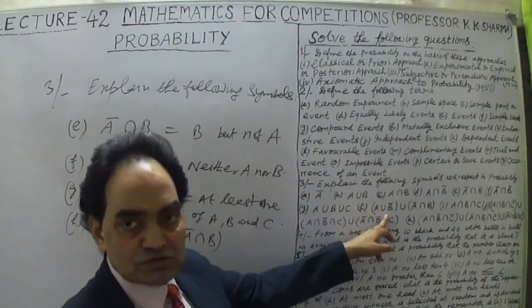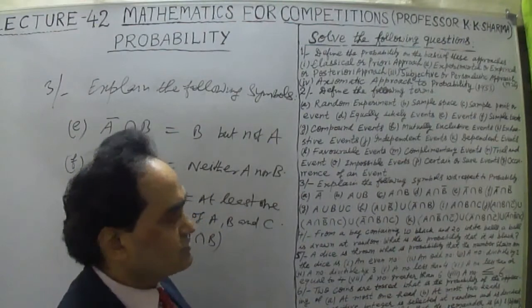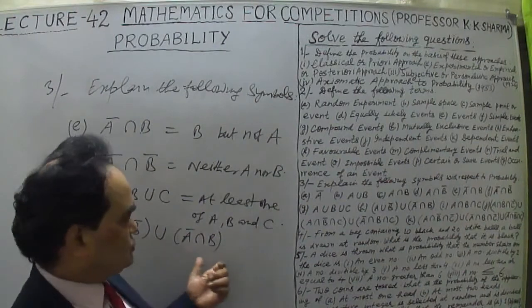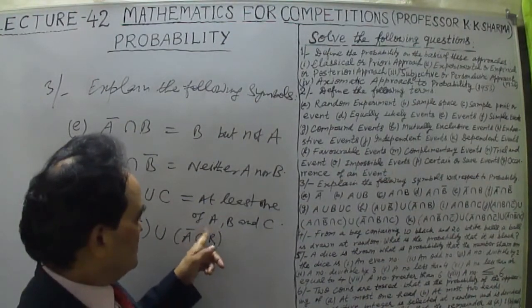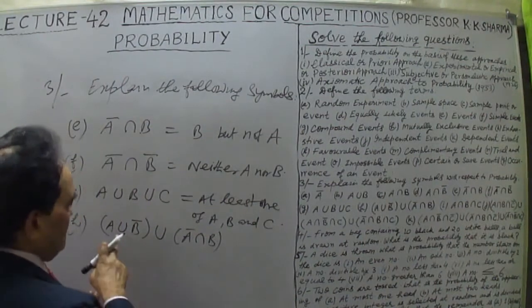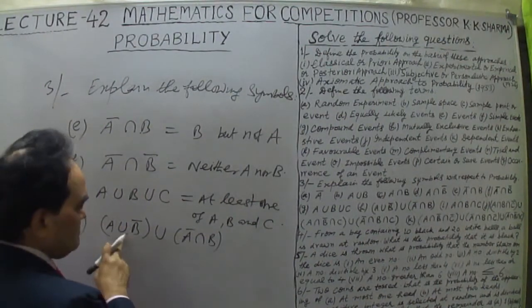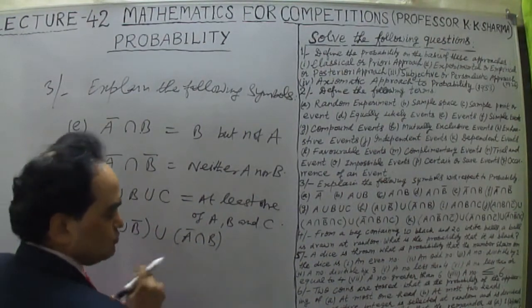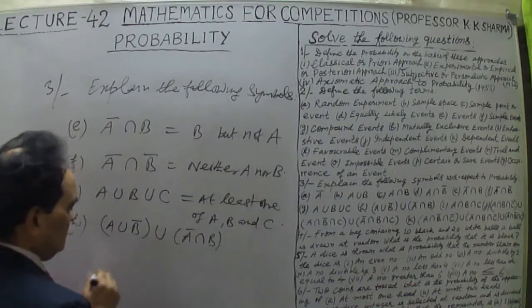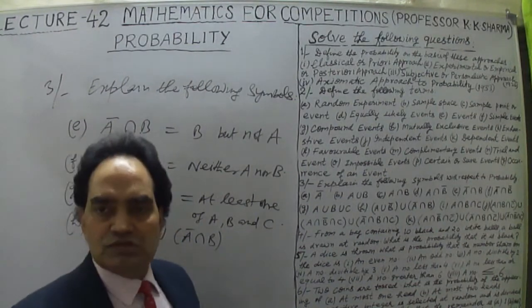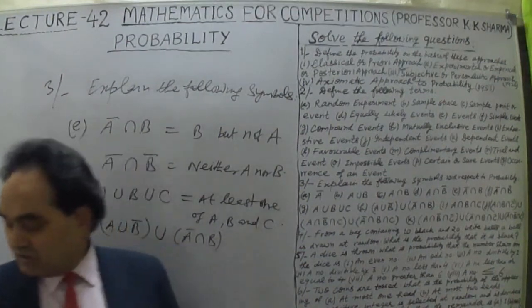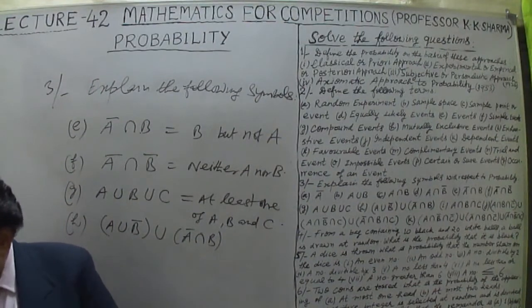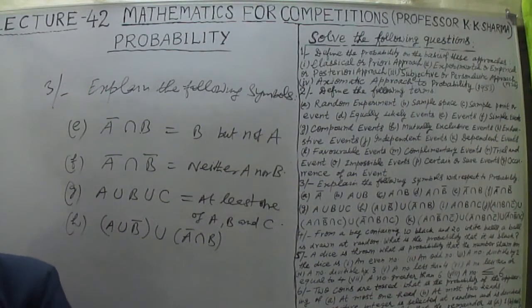A union B naught union A naught intersection B. Here A but not B, here B but not A. It means either A or B, not both.